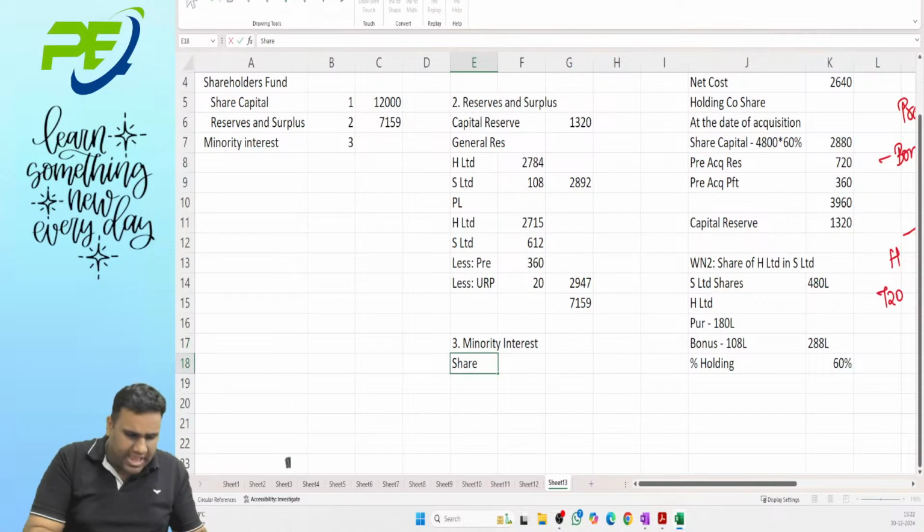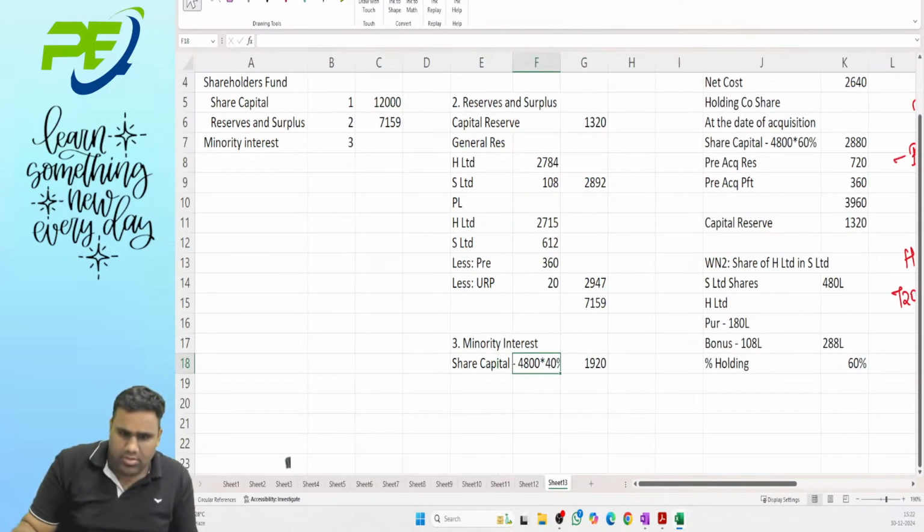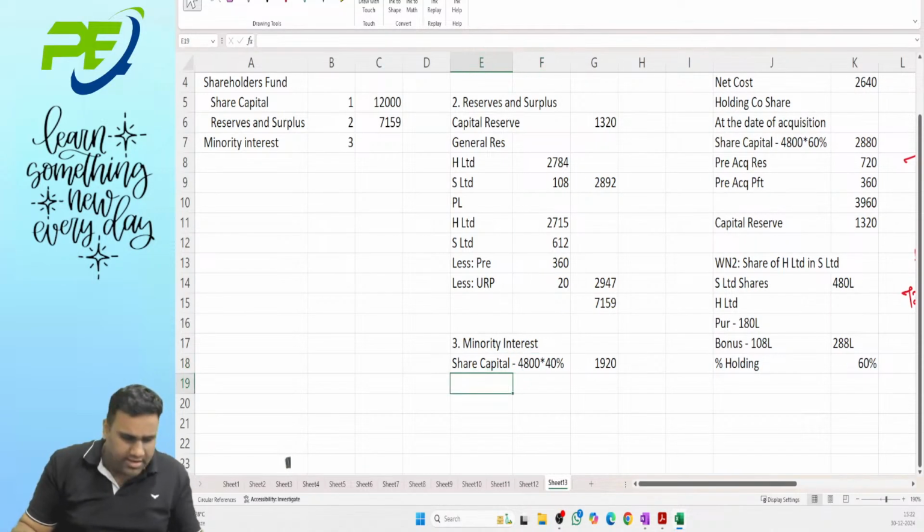Minority interest, share capital: 4,800. Then general reserve.